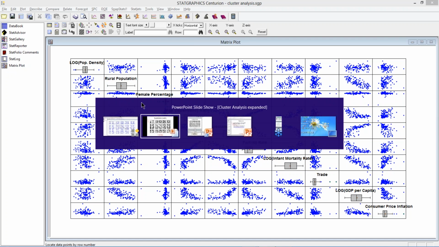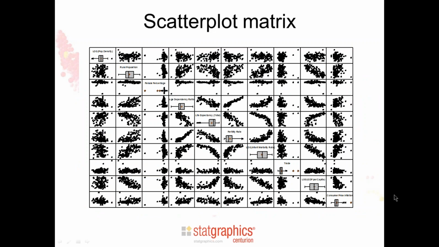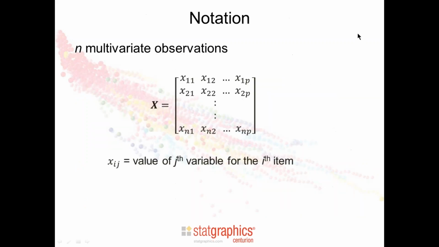Okay. Now, we need to go back here to our presentation and talk a little bit about the math behind cluster analysis. I'm going to start by using a little bit of notation to represent the data we'll be working with. Basically, what we have in that World Bank data set are n multivariate observations.